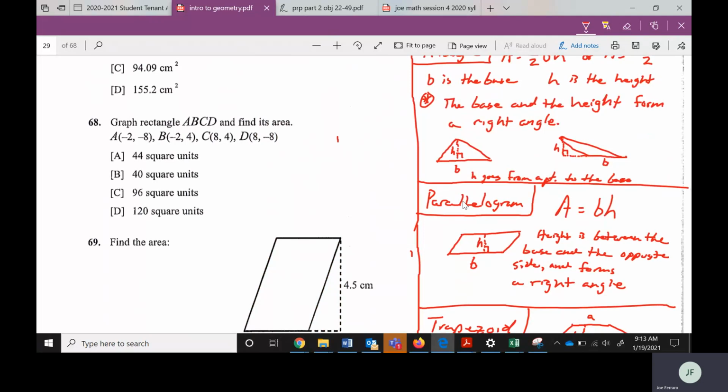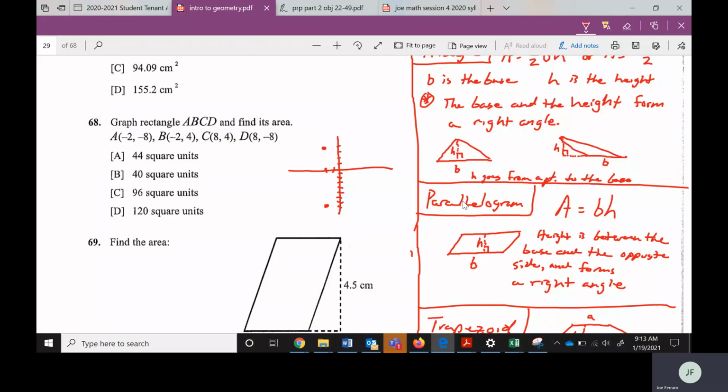And this picture doesn't need to be perfect, but they give you coordinates. So we're going to go and find -2, -8. So 1, 2, 3, 4, 5, 6, 7, 8. It's not going to be perfect, but there's one point. -2, 4. So -2, and then 1, 2, 3, 4.